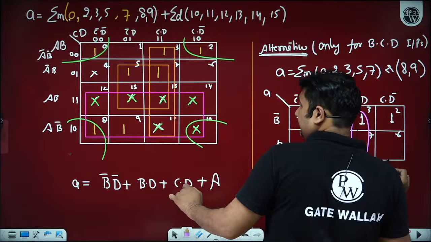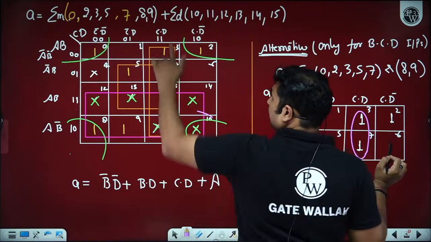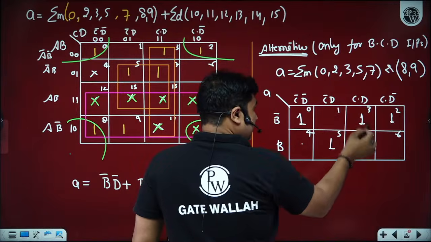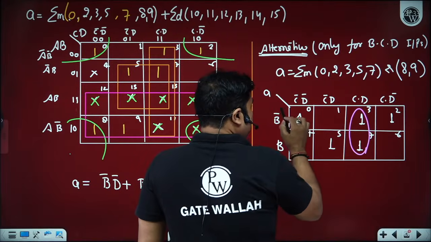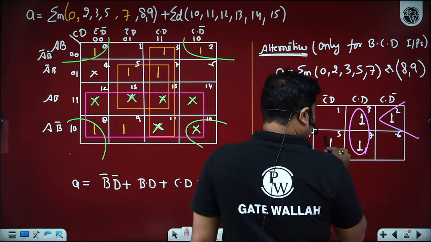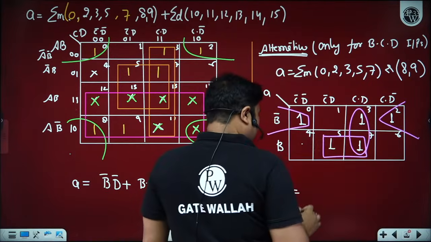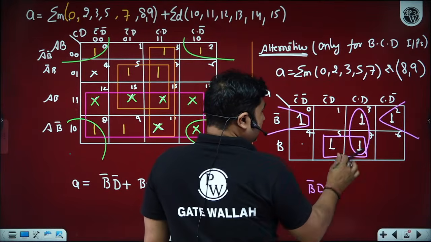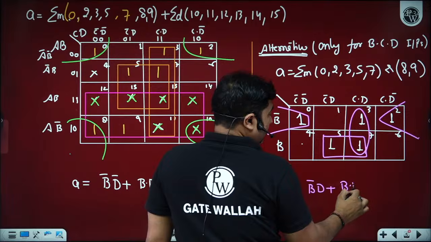So in this also, either we can go like this or like this. So two possibilities. Here I am considering the same CD. This one can be paired with this only and this one can be paired with this only. So we have this one as B bar D and this one as BD.